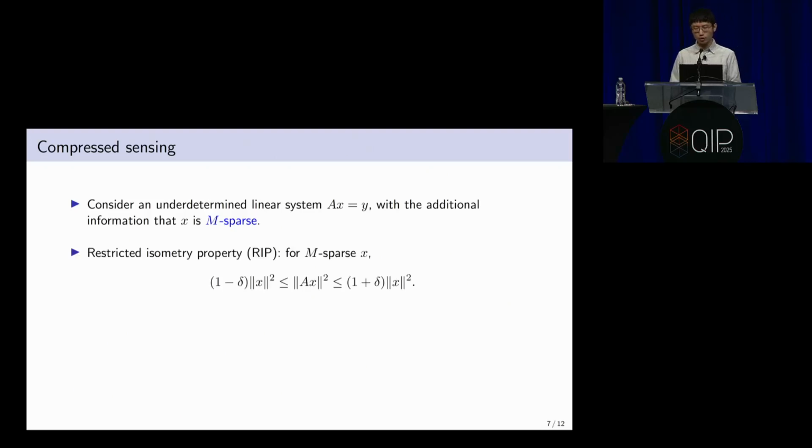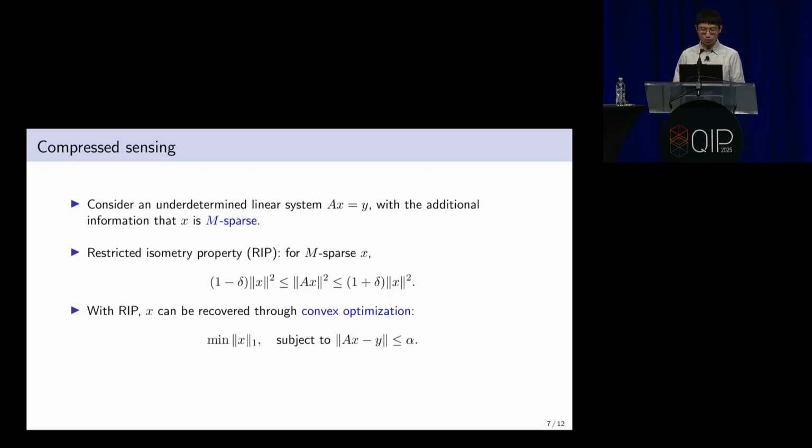And in particular, if this matrix A has the restricted isometry property, then everything becomes a lot easier. So here by restricted isometry property, I mean that for M sparse X, this matrix A essentially behaves like an isometry. It roughly preserves the norm. So with this nice property, X can be recovered through a convex optimization procedure.